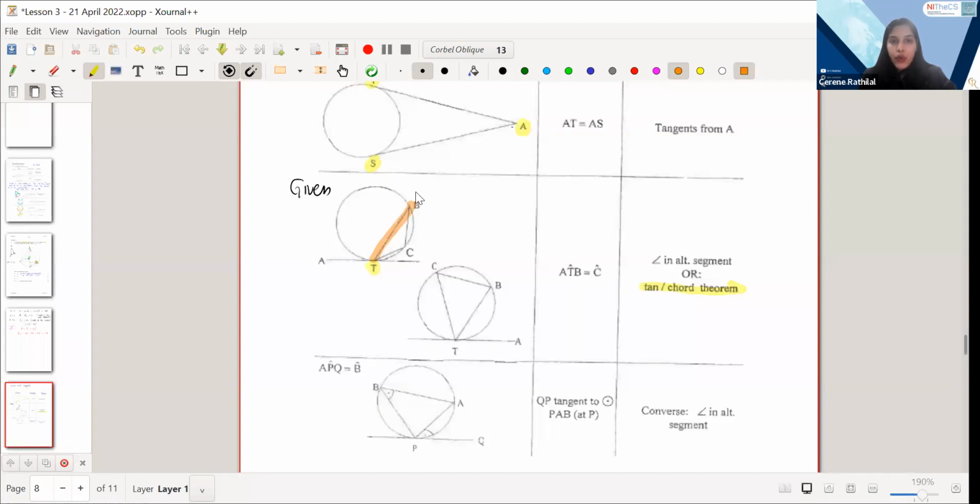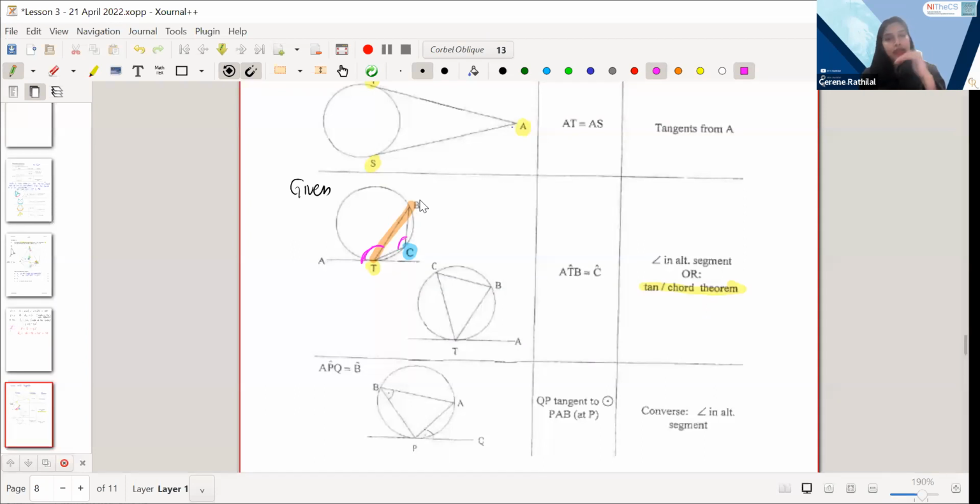If we have this chord, and the chord subtends another angle at point C on the circle, then we can conclude that the angle between the tangent and the chord, which is this angle here, angle ATB, is equal to the angle at C. So it's equal to the angle in this opposite segment, and that is called the Tan-chord theorem.